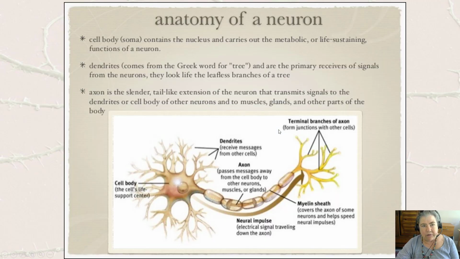Again, this is a similar slide showing you the cell body, the soma, containing all of the necessary organelles, the dendrites, which are the primary receivers, and the axon, which is a single extension of the neuron, which may or may not be myelinated. Some axons are bare, some axons have light myelin, and some axons have heavy myelin.